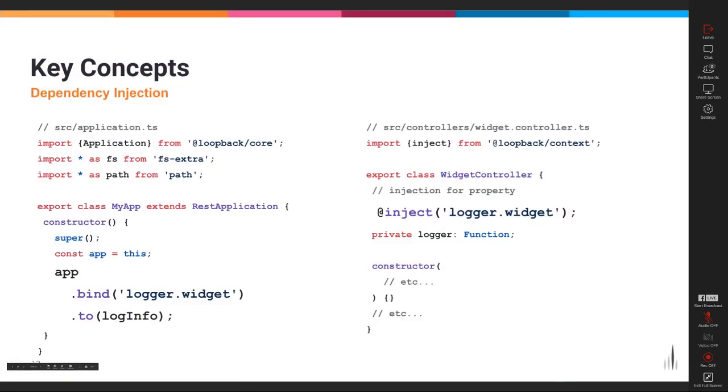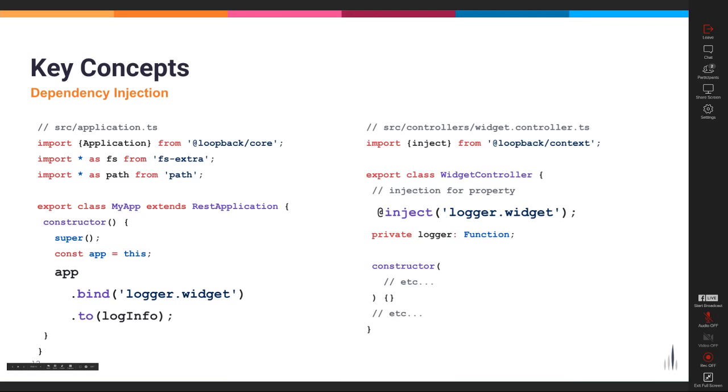So here's a quick example. We've got two different files here. This is the application file. This is kind of the piece that is the stage, right? It's the thing that you'll bind all your controllers and repositories and every piece into, so that it gets put into the context so that anybody can see it. Here is just an example.